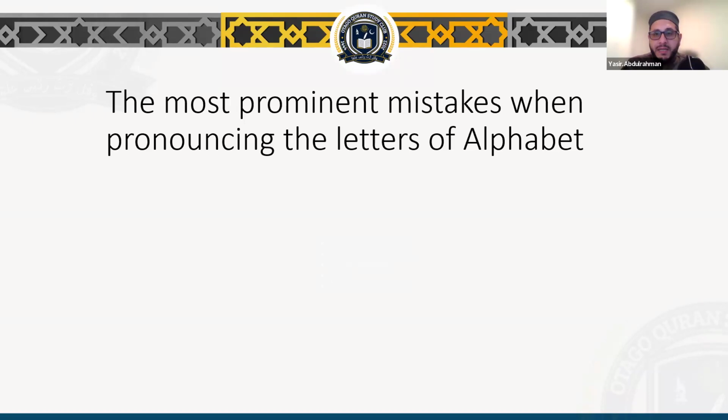The other common mistake is circling the lips with the ra when it's heavy. That's a general problem with all of the heavy letters. Anything that's becoming heavy, people sometimes use the lips to produce the heaviness, like when you say so, or bo, or to. The ra is also similar to them.